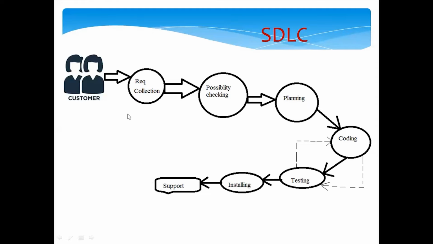So from requirement collection onwards, until support, that is the complete software development life cycle. We can call it 100% software development life cycle. As I said earlier, the main time will be taken in developing the application and testing the application. Here we may face some difficulties, like writing the logic, and when writing the logic we also need to check whether it is going to impact some other modules or not.